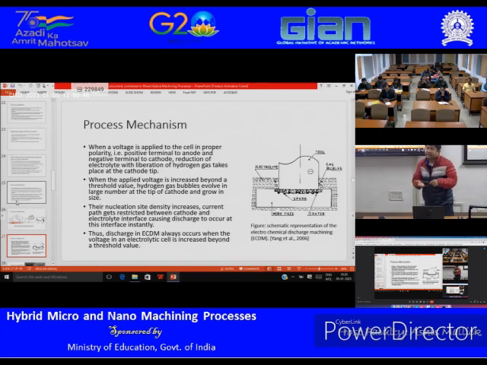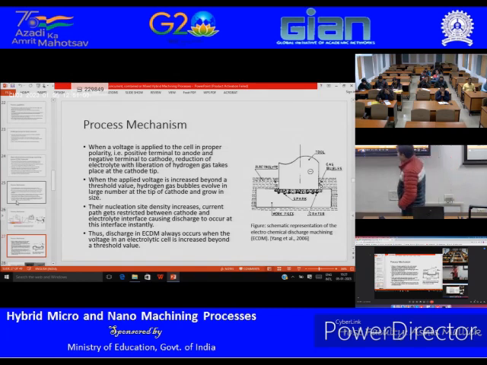When the current path gets restricted because of that hydrogen bubble layer, that is when the electrical discharge takes place, and it tries to remove that thin layer. Okay, so that's what it says.